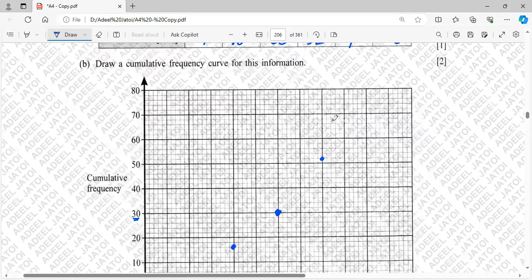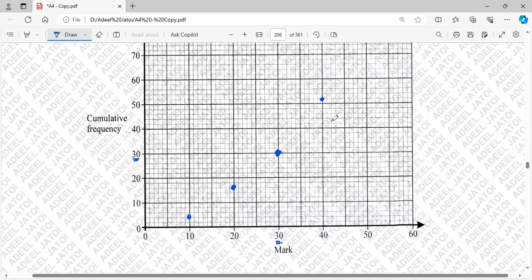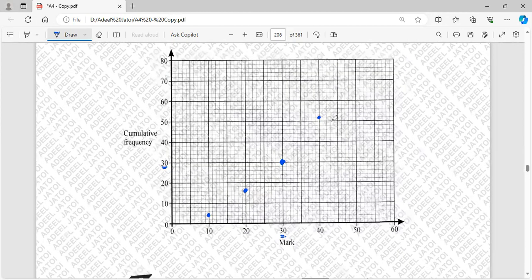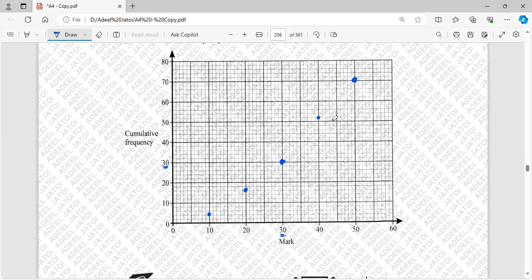Then what value do we have? We have at 50, we need to mark what? 70. At 50, we need to mark 70. So this is 50 and this point is 70. So we mark down 70. At 60, we'll mark down what? 80. So if I just draw the graph, your graph will be a freehand graph.